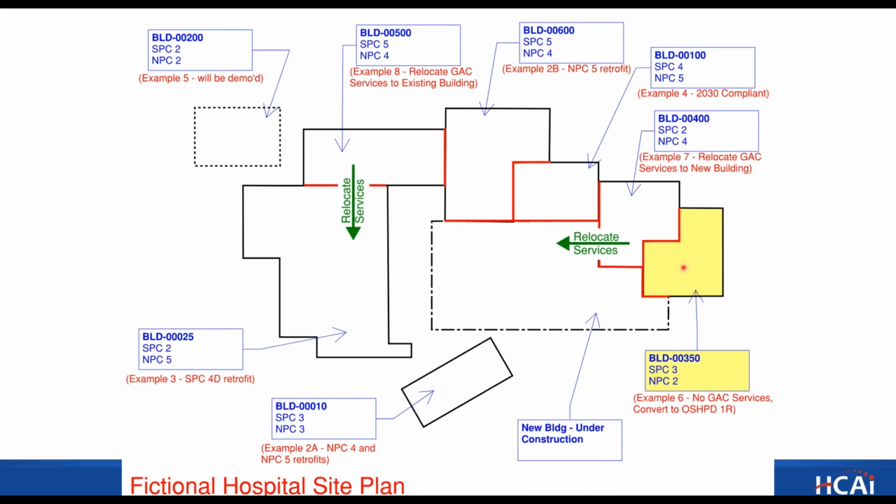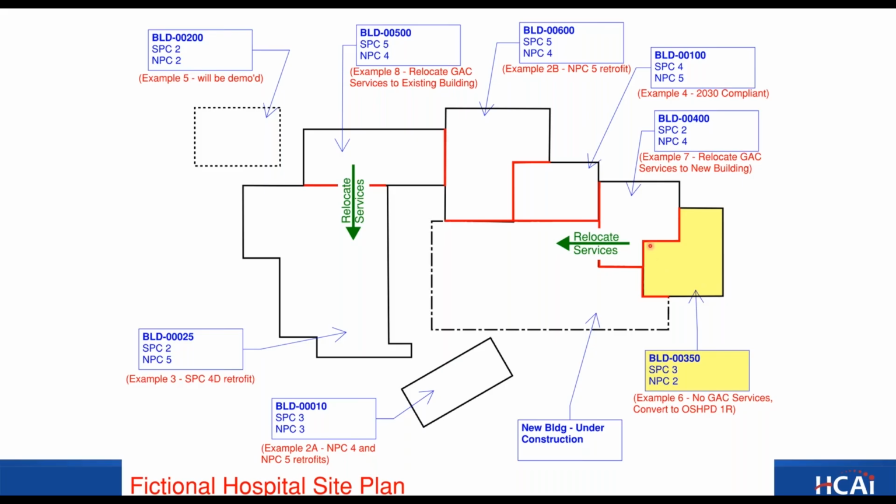If that building is adjacent to other buildings, then there are considerations that you need to make as far as utilities and egress, and whether other OSHPD 1 buildings or buildings with general acute care services rely on that building for the utilities. So that if the utilities pass through it, if the egress passes through it, then you'll have to relocate that egress and fire alarm.